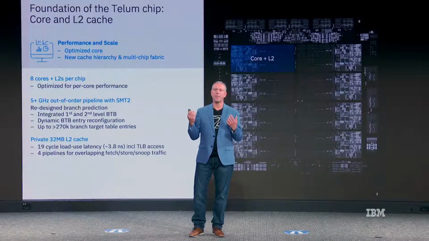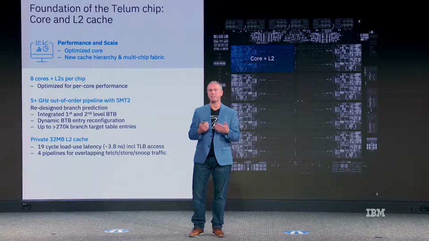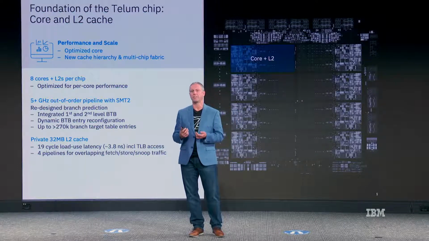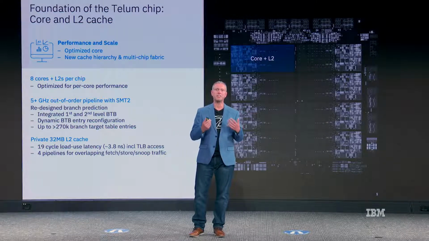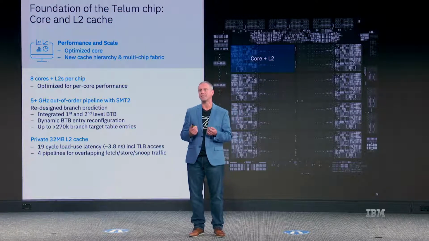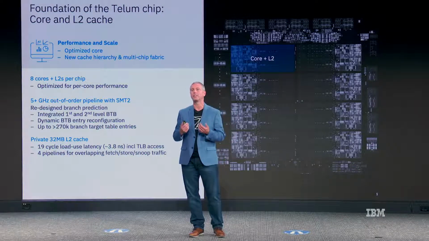Of course, the L2 access latency is very important for the performance of enterprise workloads, so we spent a lot of engineering effort to get that latency as low as we could, and we achieved a 19-cycle load use latency. That's roughly 3.8 nanoseconds, which already includes the access to the 7,000 entry TLB. We have 4 pipelines in the L2 that allow overlapping traffic so that the performance of the L2 does not bog down under load.